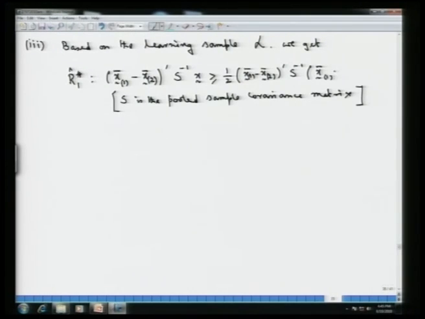Once again, this x1 bar plus x2 bar, this is the first term, and then the second term would remain as it is, because for any practical purposes these costs of misclassification and the prior probabilities will be assumed to be known.